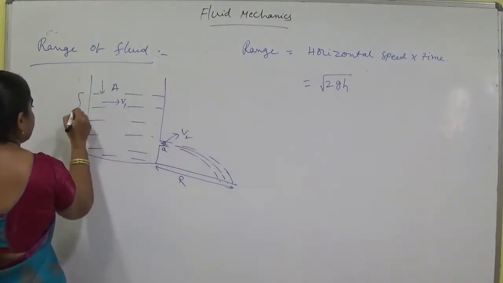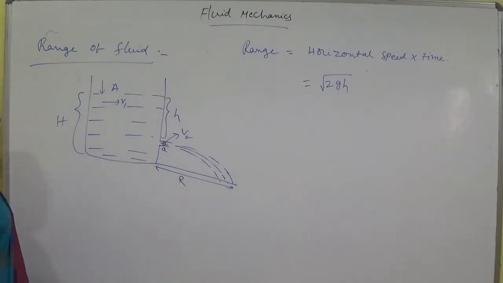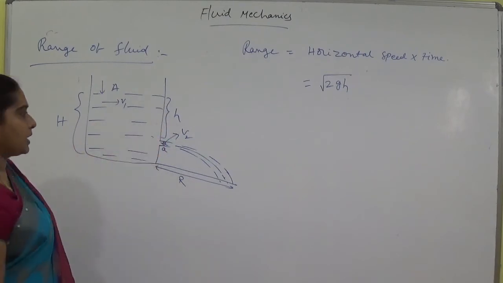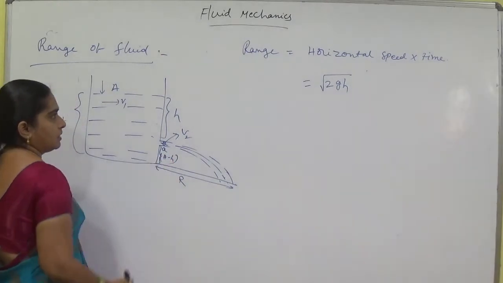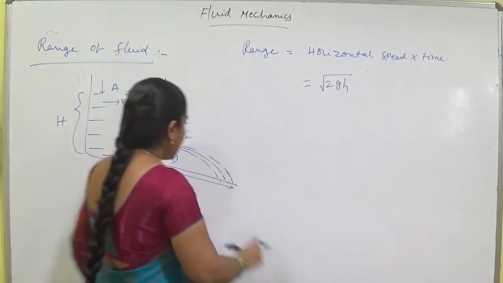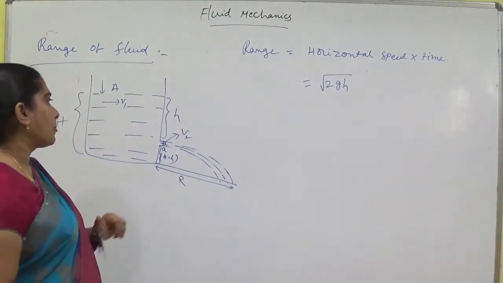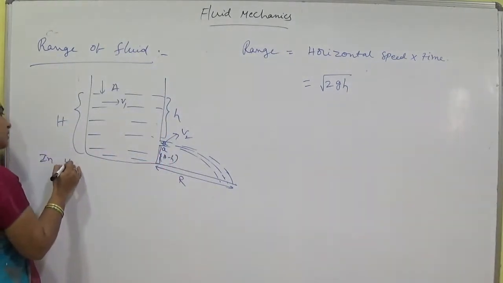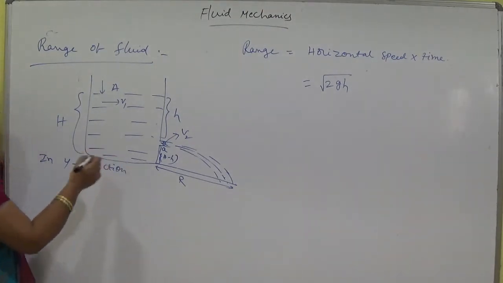The tank height is H. The height of the orifice from the surface is small h, and the remaining height is H minus h. Horizontal speed means x direction, root 2gh. In the y direction we calculate the time.